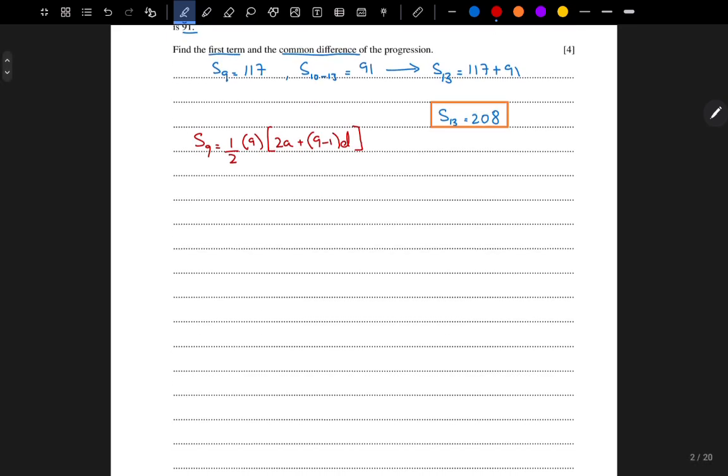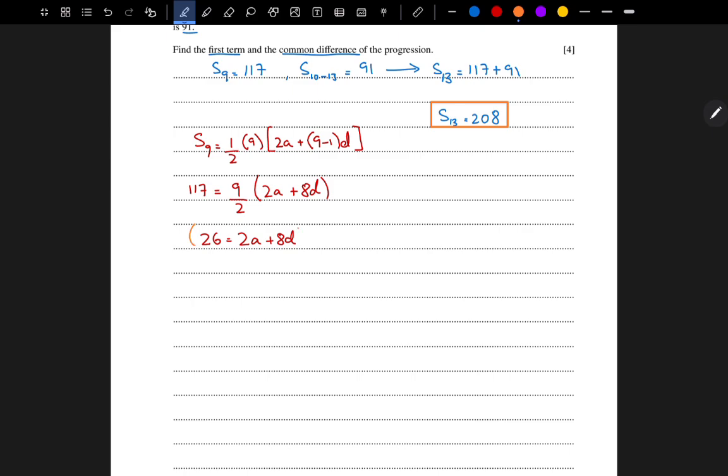The sum of the first 9 terms is equal to 117, so we copy it over here, and this is equal to 9/2 into 2a plus 8d. If we simplify this further, we can see that it gives us 26 equals 2a plus 8d.